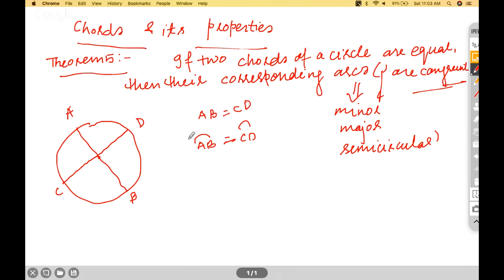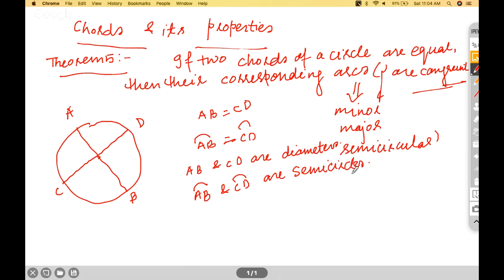So what I will do is simply write that AB and CD are diameters. If AB and CD are diameters, arc AB and arc CD are semicircles.